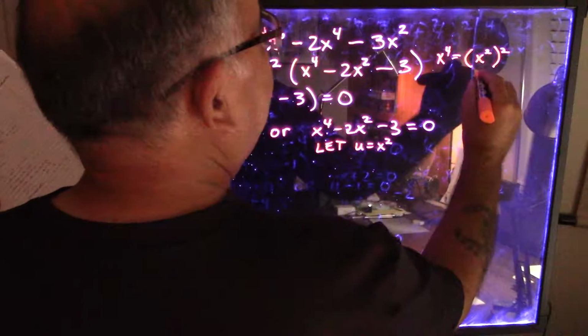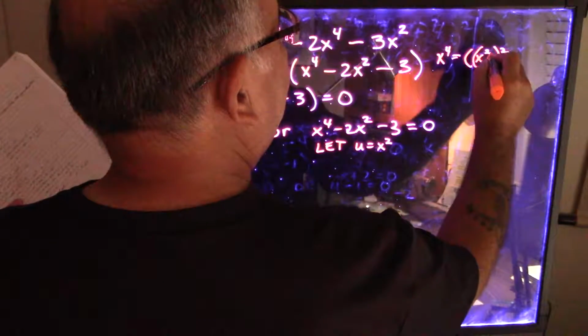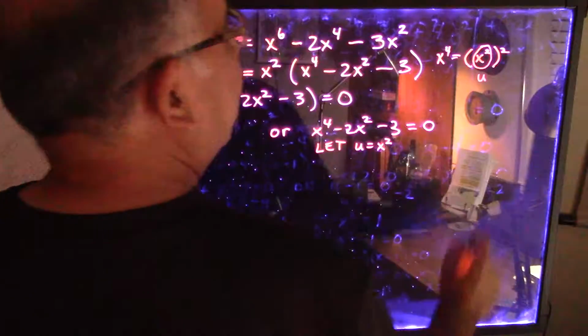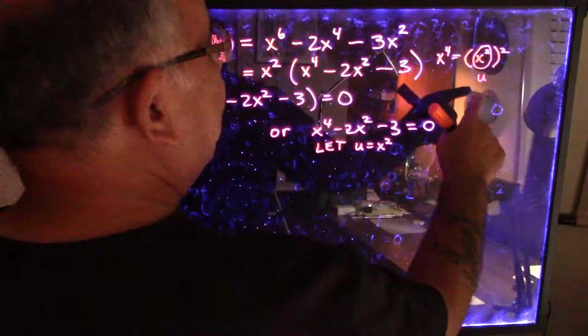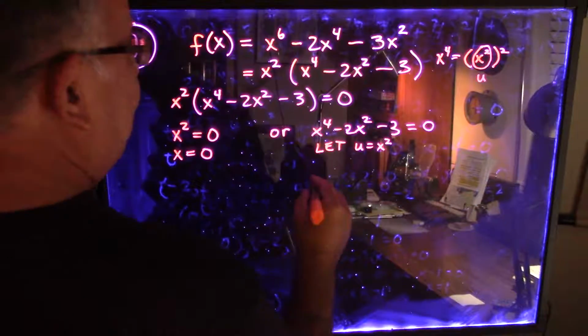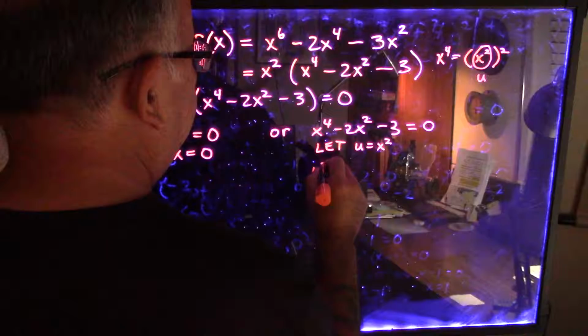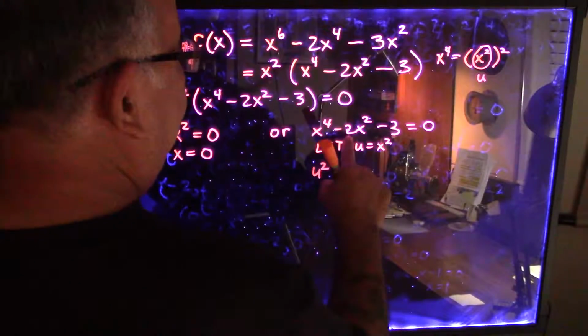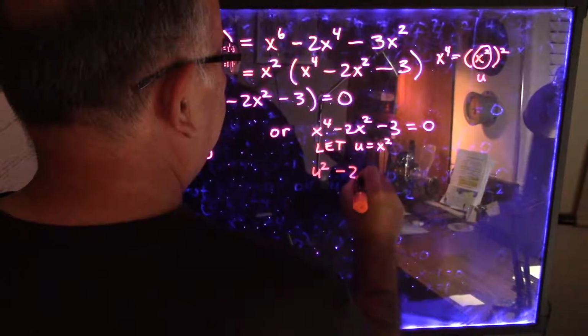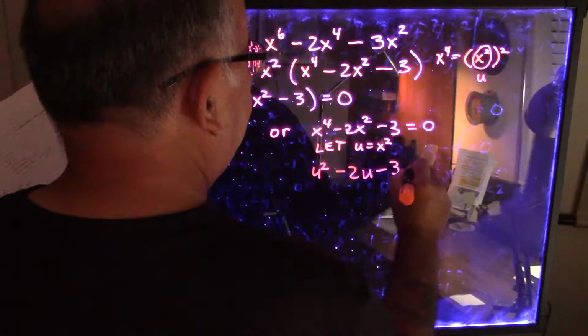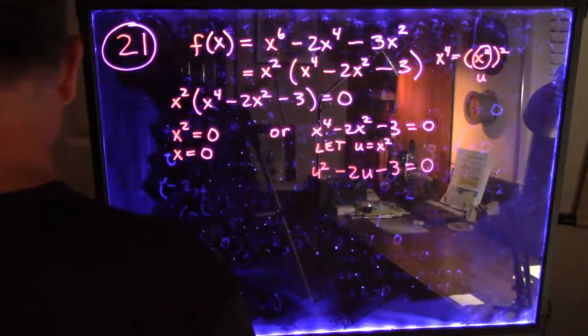Alright, this would be your u, which equals x squared. So that would be down here, u squared minus 2u minus 3 equals 0.